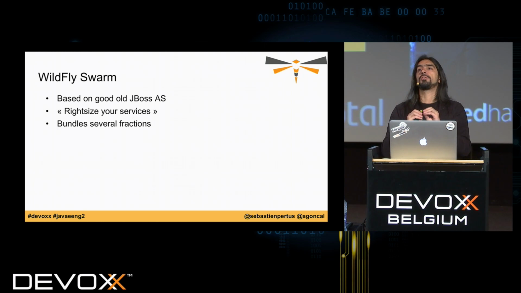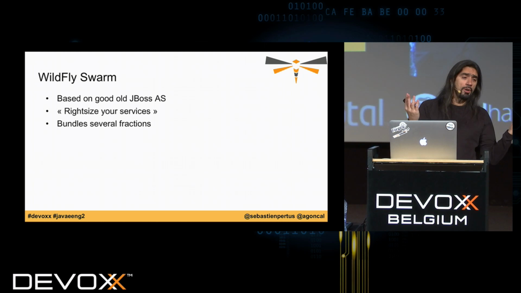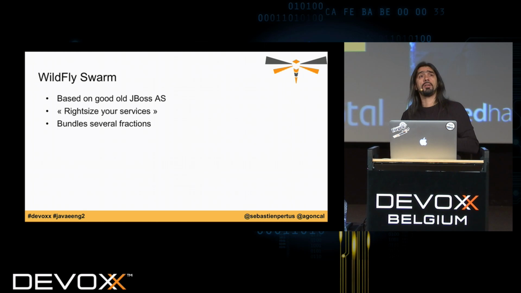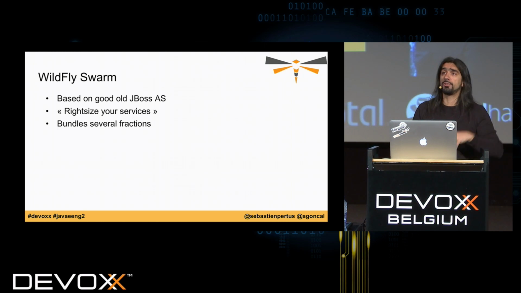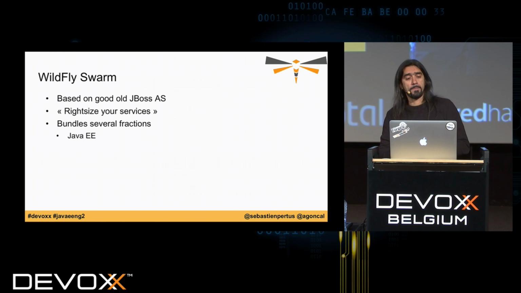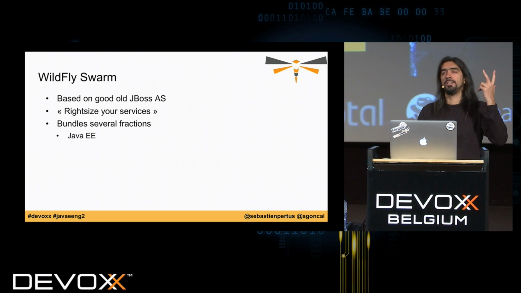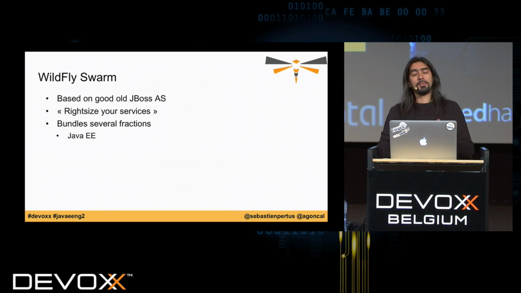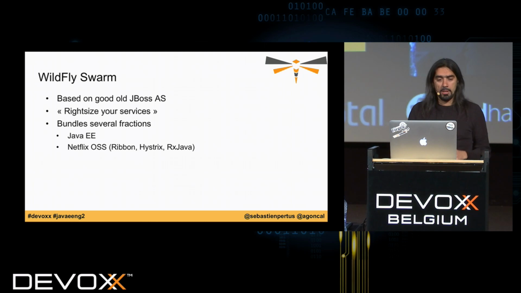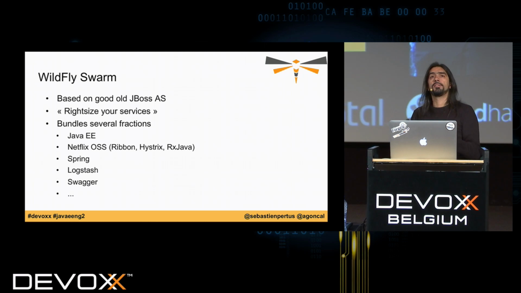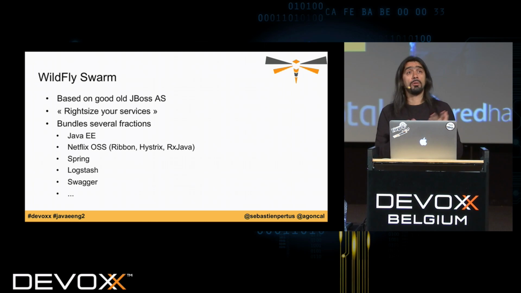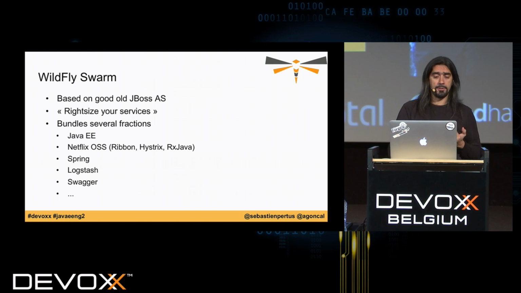Use only the fractions that you need. So what is a fraction? Well, if we are in the Java EE world, a fraction is servlet, JPA, CDI. But it also comes with other fractions, like all the Netflix stack. Spring also, there's a Spring fraction, Logstash, Swagger, and so on.